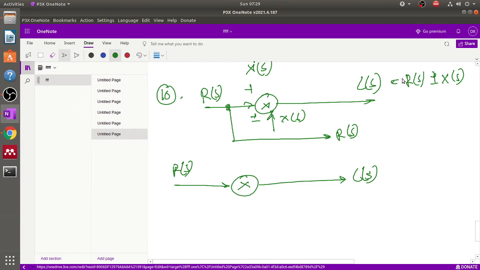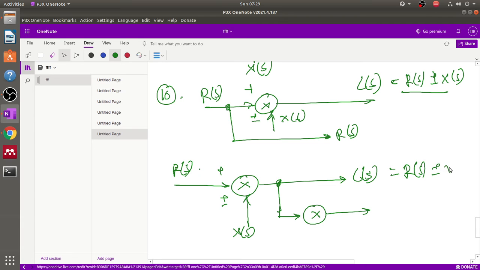Okay, so now if we shift this takeoff point from here to here, then here we add one extra summing point. Why? Because the first output expression is Rs plus minus Xs. So here we apply plus, and here plus minus we apply Xs. So now Rs plus minus Xs is obtained from this output.